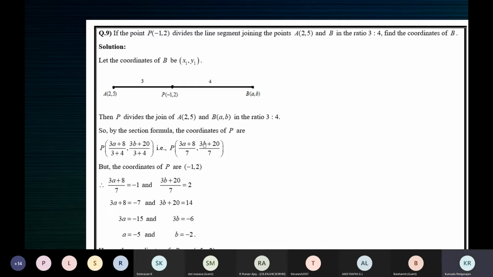So how do we apply the section formula? The section formula is used to find the coordinates of the point of division.